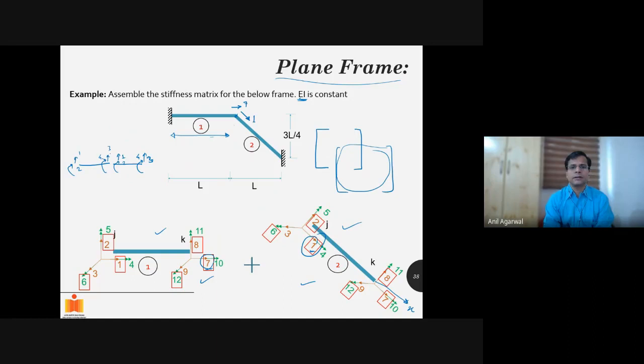So the 3 and 4 here were exactly aligned with 1 and 2. We were able to do a simple overlap of the stiffness matrices like this. You remember that? We had done this combined overlap, and these terms were all 0. Agreed? That we won't be able to do now. Why? Because the 1 here is not perfectly aligned with 7 here.